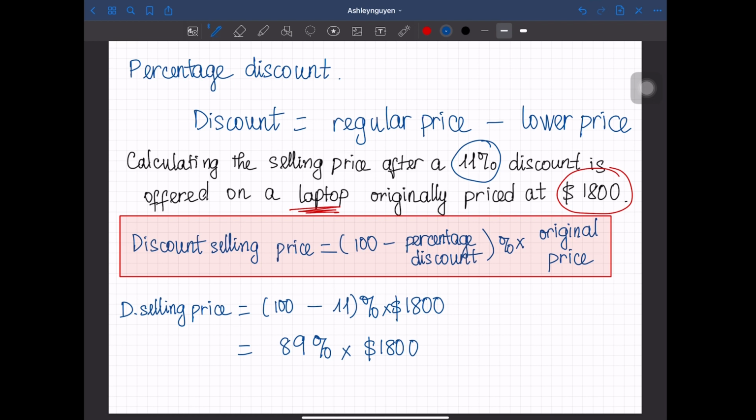Now back to calculating the percentage of an amount that we reviewed a moment ago.